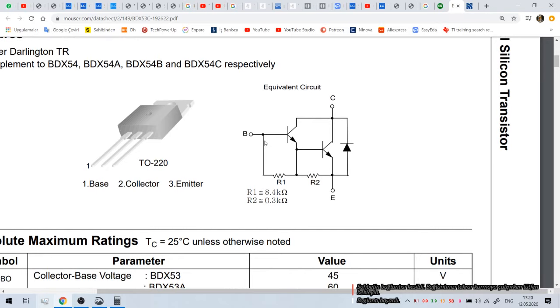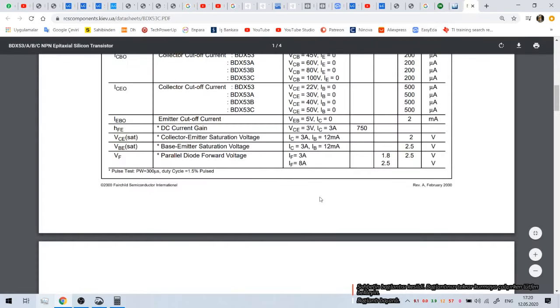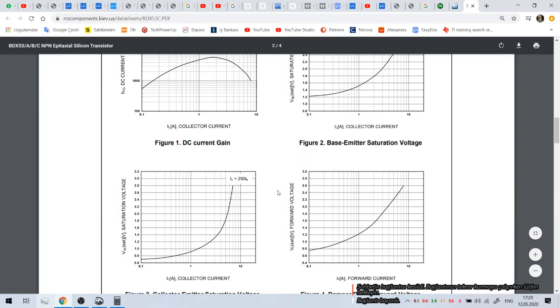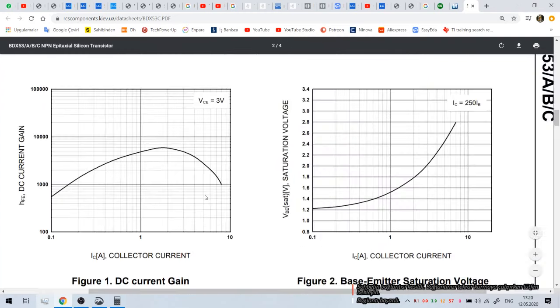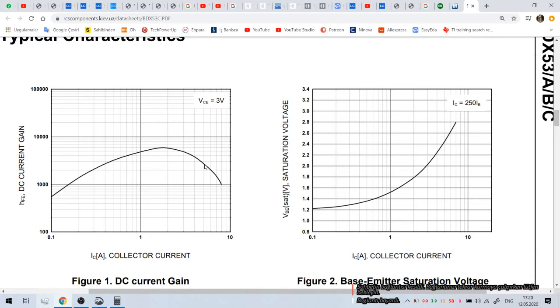So I can say we can take at least HFE of, you can see, 2500 current gain. I will take only 1500. Yes, I will also round it, and 2.5 volts VBE to this.